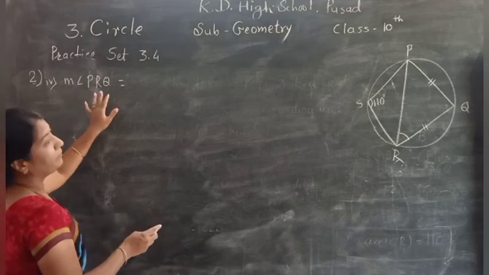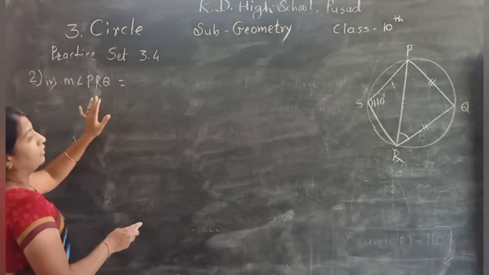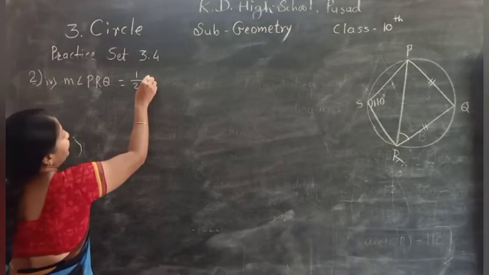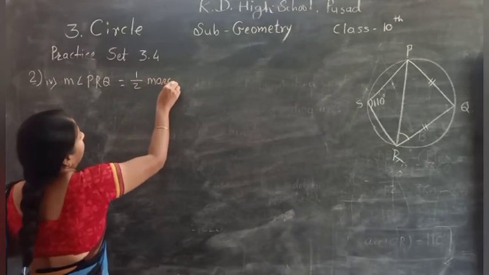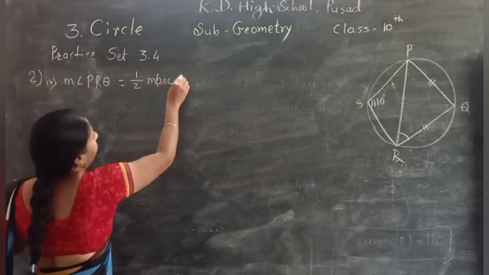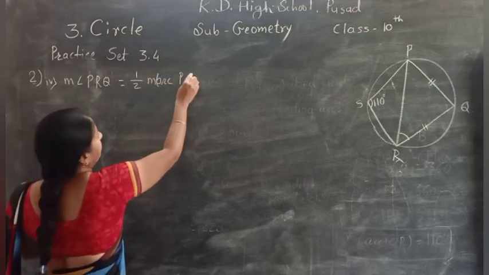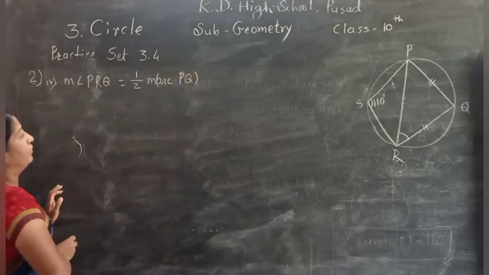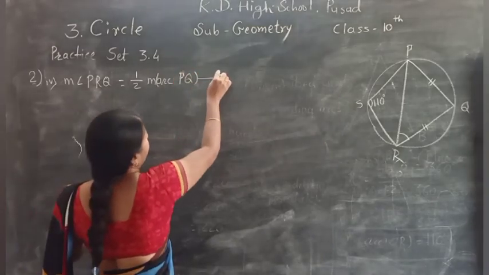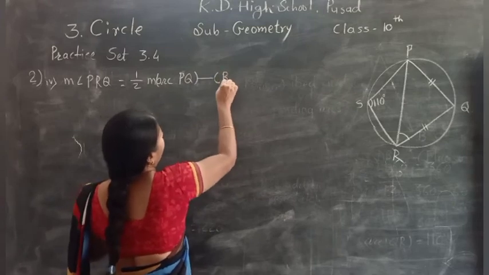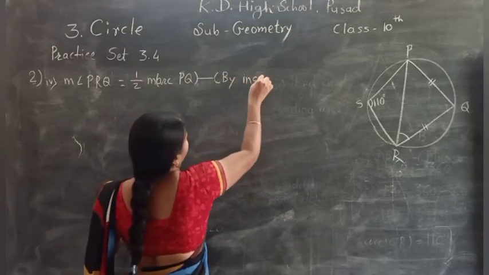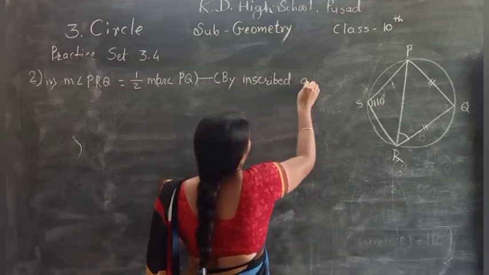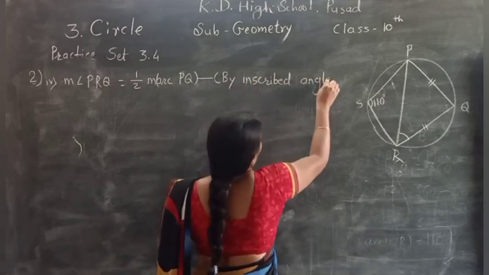So measure of angle PRQ is equal to half of arc PQ. What is the reason? By the inscribed angle theorem.